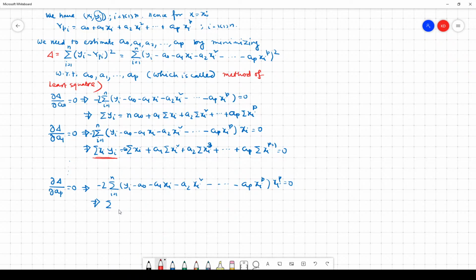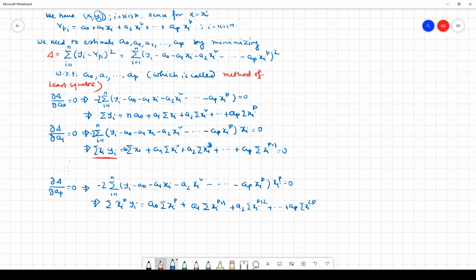Please change this accordingly. So summation xi to the power p yi is equal to a naught summation xi to the power p plus a1 summation xi to the power p plus 1 plus a2 xi to the power p plus 2 up to ap xi to the power 2p.